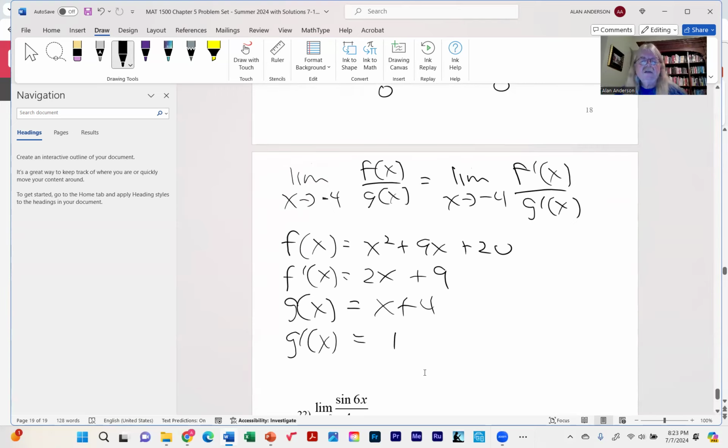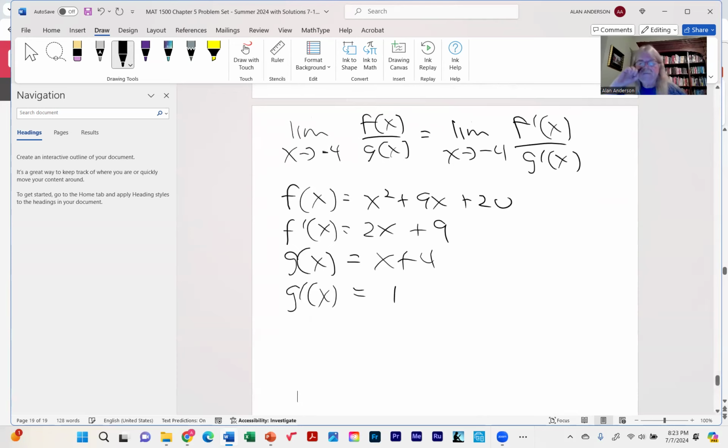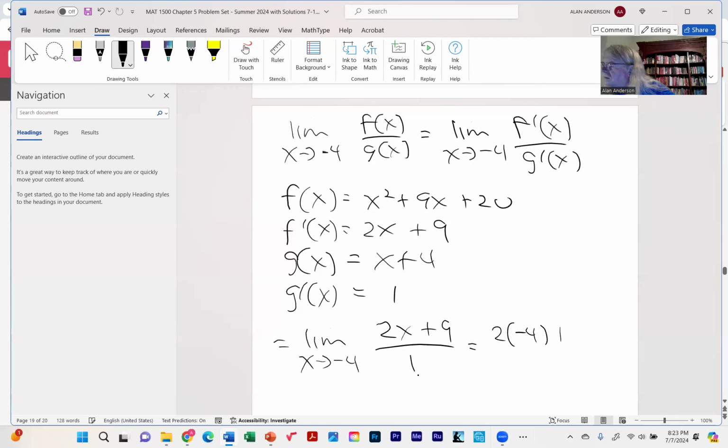So now our new limit is 2x plus 9 over 1. And that reduces to 1. And we're done. Very good. It's very satisfying when such a mess like this turns into something straightforward.